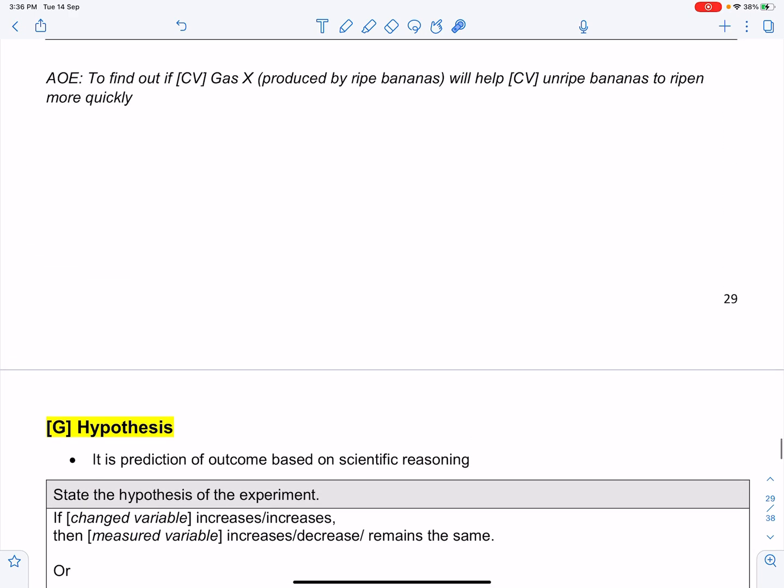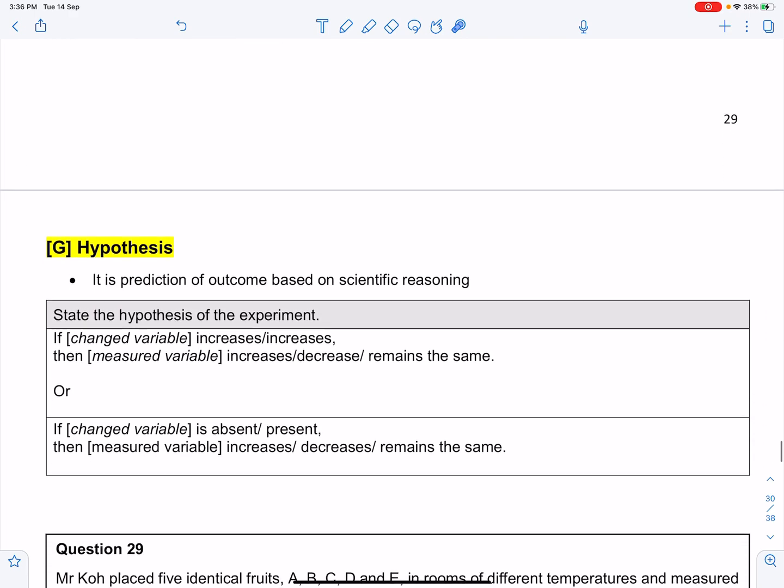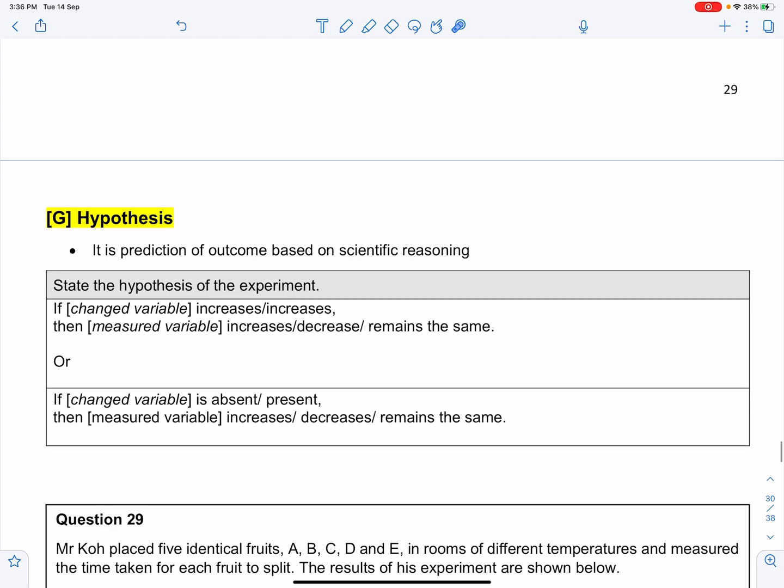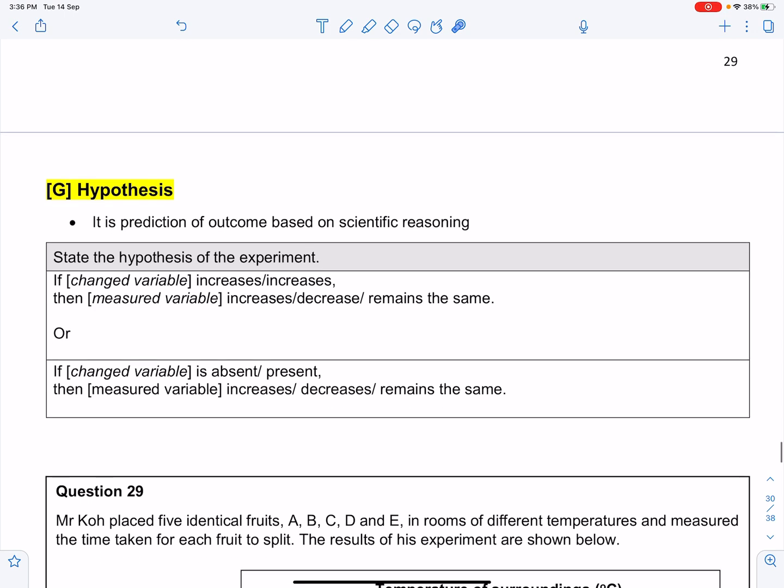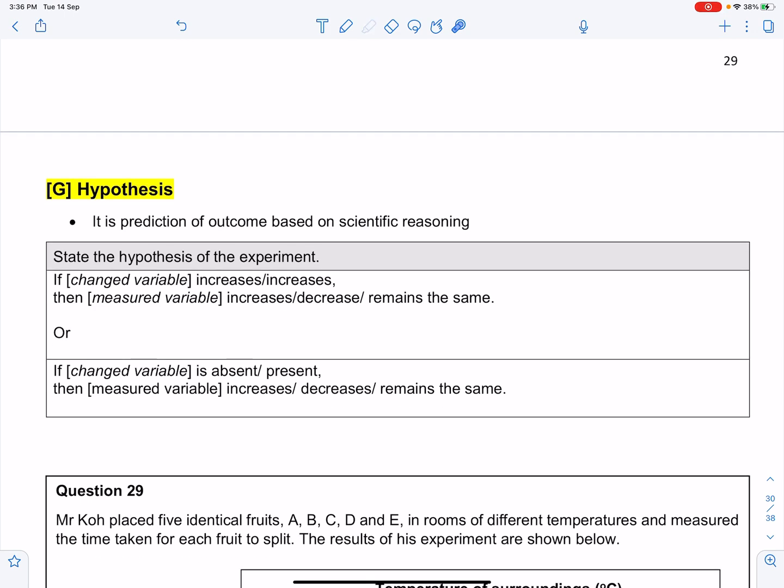Now next, hypothesis. This is something that many of you are not very familiar with. So, a hypothesis basically is a prediction of outcome based on scientific reasoning. So, in recent years, they may ask you to state a hypothesis. Okay, basically it is to state a prediction. So, how do you phrase it?